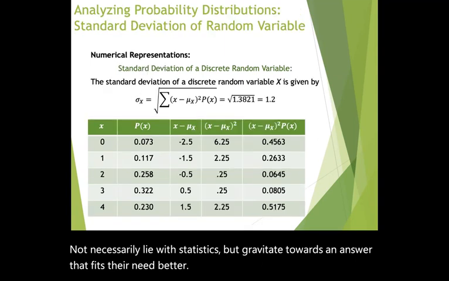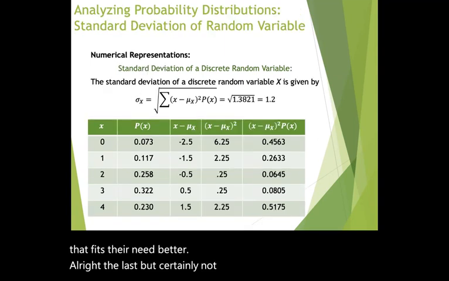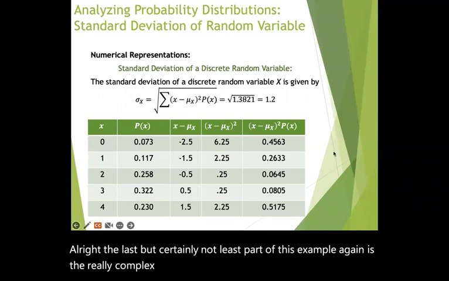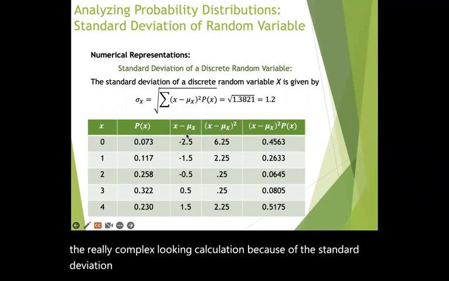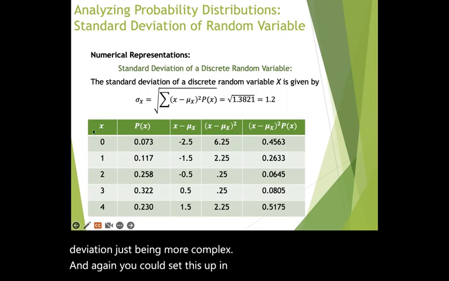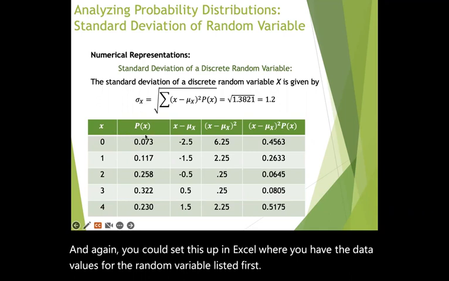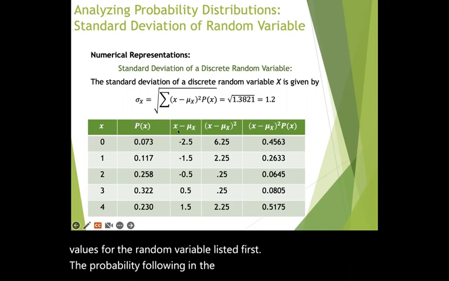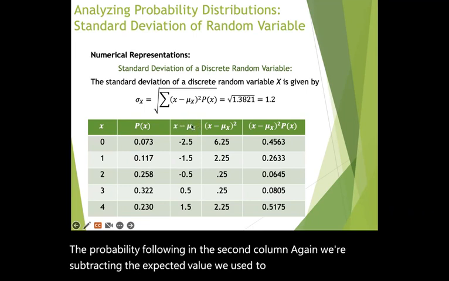All right, the last but certainly not least part of this example, again, is the really complex looking calculation because of the standard deviation just being more complex. And again, you could set this up in Excel where you have the data values for the random variable listed first, the probability following in the second column. Again, we're subtracting the expected value. We used to say subtract the mean.